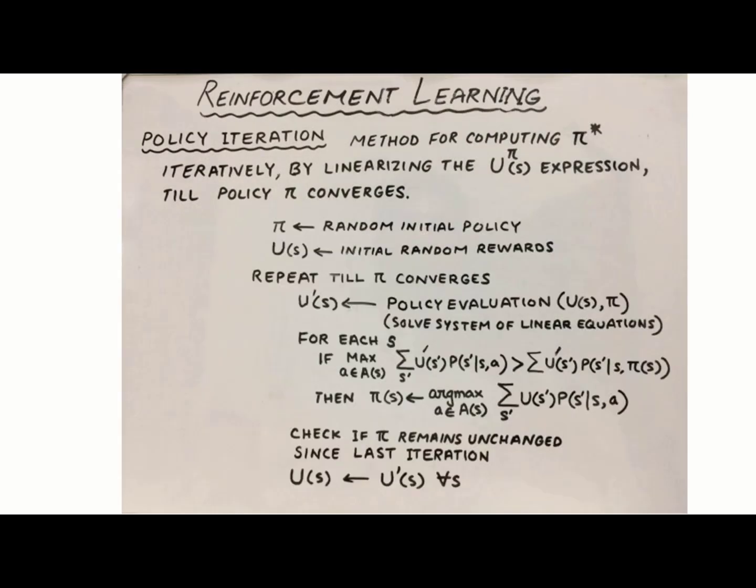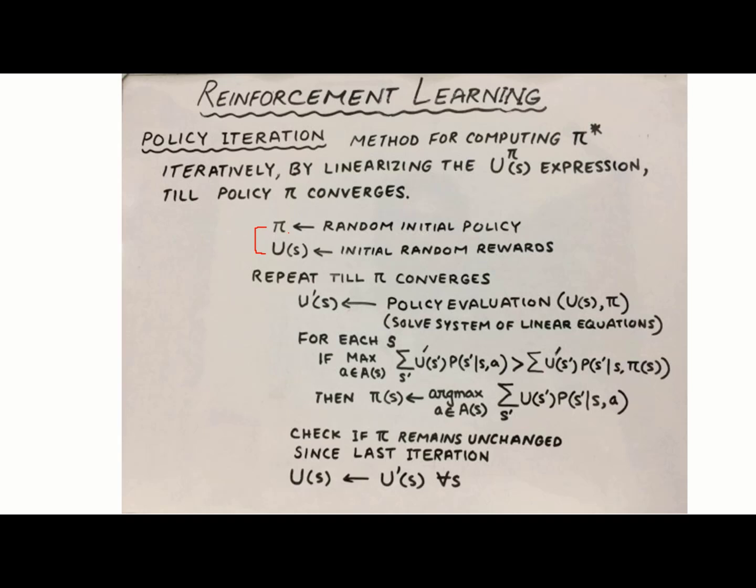To summarize the policy iteration algorithm, here is the pseudocode. We're going to initialize pi and u, and at this point I should note that for the purpose of computation, the superscript pi is not required in the expression of u of s. So we are going to drop the superscript pi.